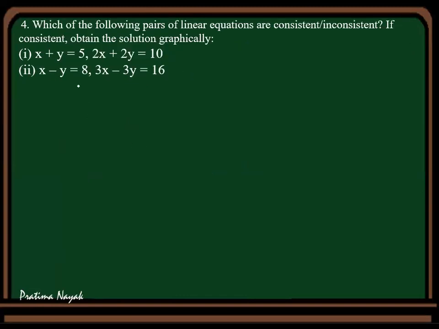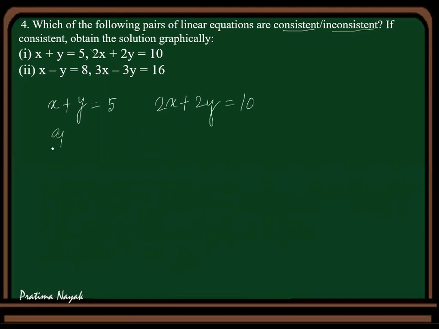Now question 4. Which of the following pairs of linear equations are consistent or inconsistent? If consistent, obtain the solution graphically. So x plus y is equal to 5 and 2x plus 2y is equal to 10.